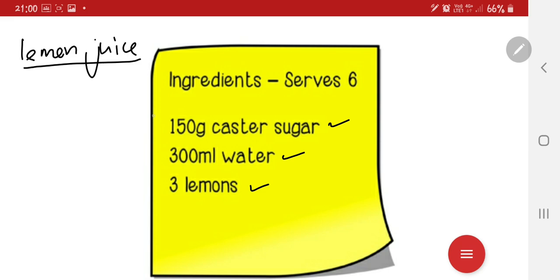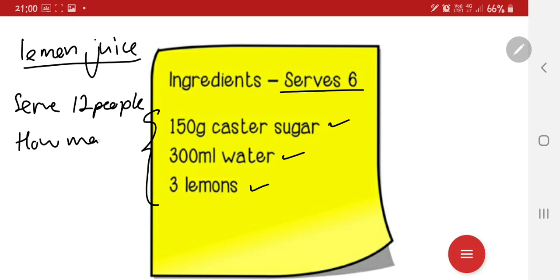Now these ingredients can serve 6 people. Now my question is, if you want to serve 12 people, how many lemons do you need?